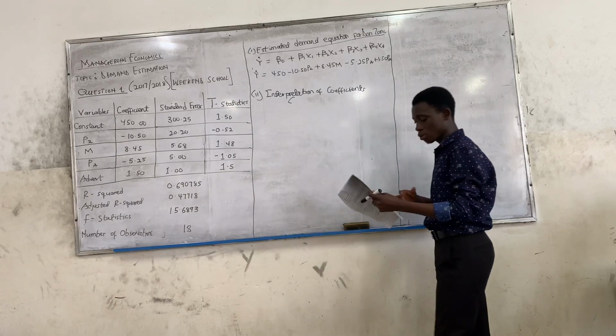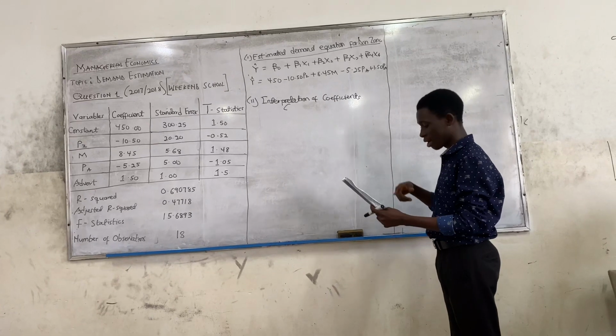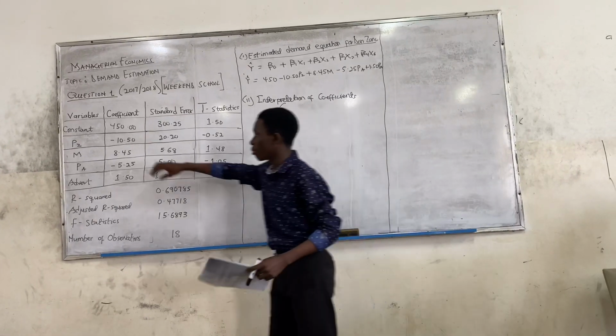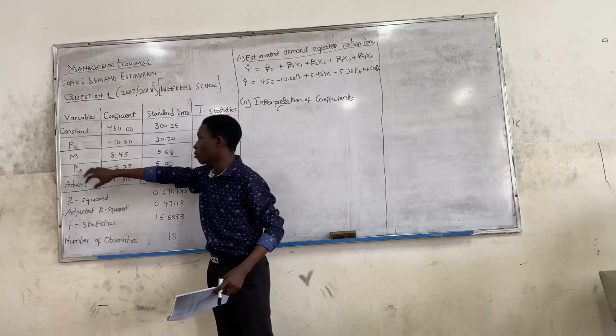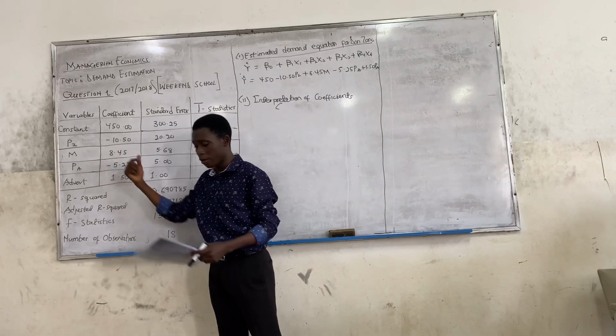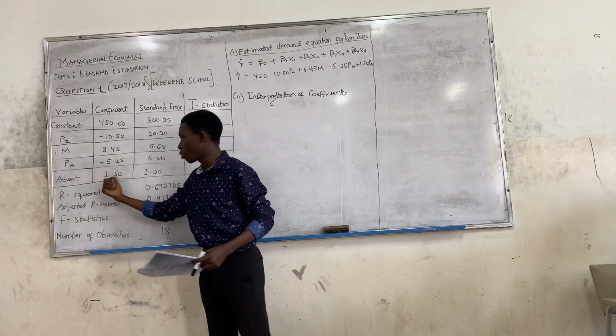But with the second question, we are restricted. It said we should only interpret income and advertisement. Income is denoted by either a capital I or a capital M. So income is 8.45 and advertisement, advert, is 1.50.